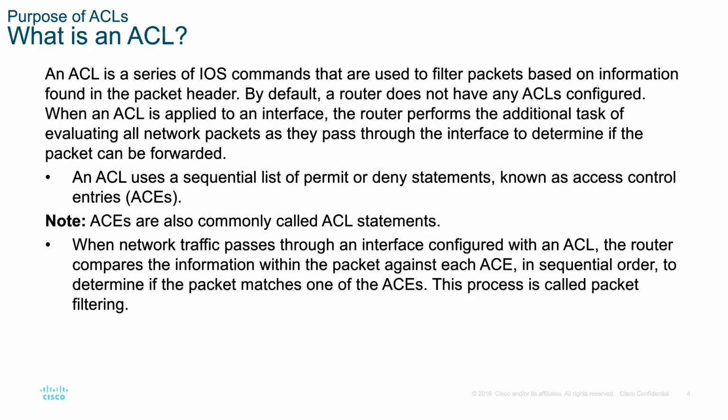So first line, second line, third line, fourth line, until it finds a match. If it gets a match, it does whatever action has been associated with that match. So these are the permit, in other words, allow the traffic to go through, or deny, drop the packet.